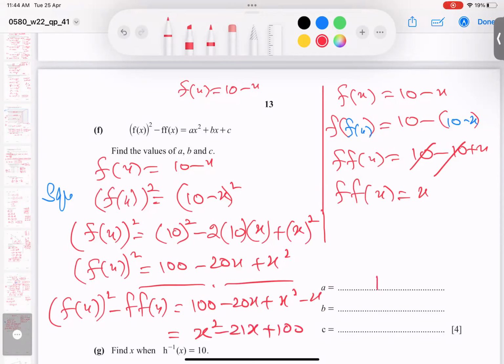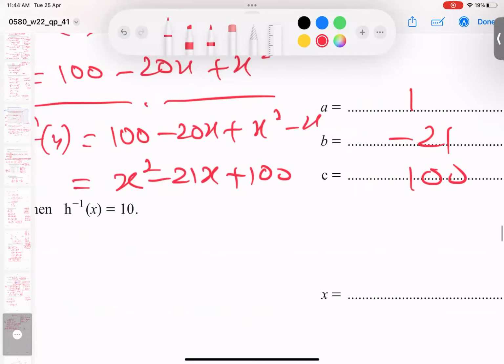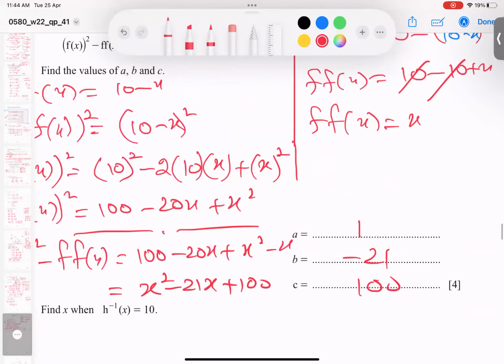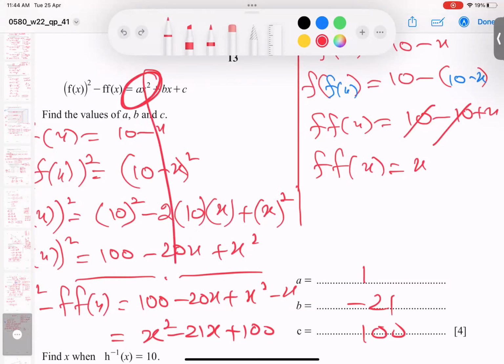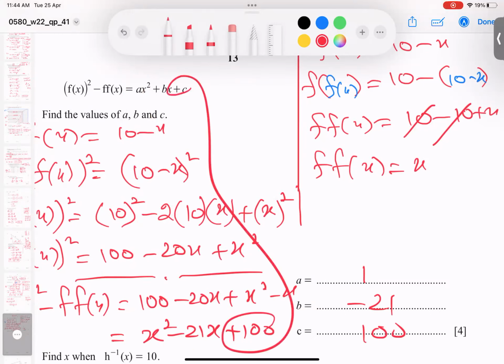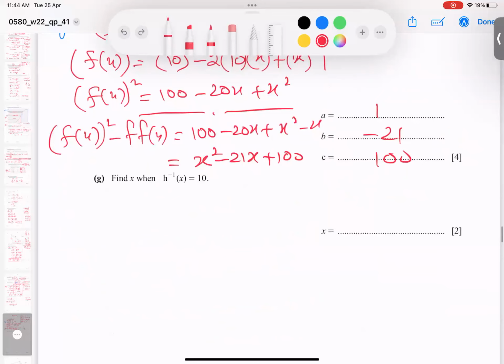So A value is 1, B is negative 21, C is 100. The logic is very clear if you compare this equation to the top equation. What is written beside x squared, A? Nothing, so 1. So this one is A, minus 21 equals B, 100 equals C. And I hope the point is very clear.